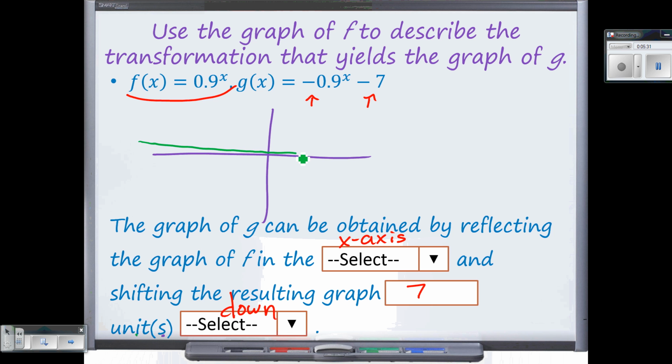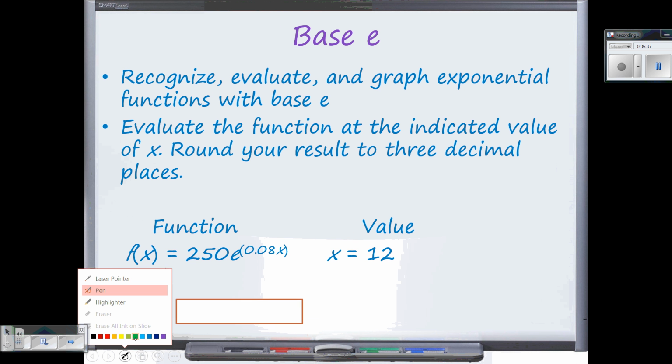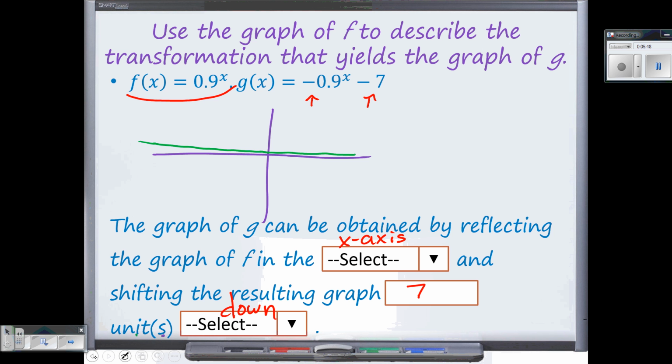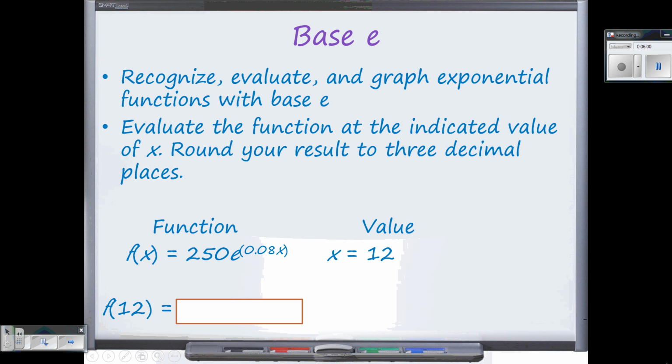So it's going to come in and just go right along there. And then we're going to be dropping that 7 units. And not only are we dropping it 7 units, there we go, it's rotated. So instead of sloping down, it's actually now going to slope up. This is 7, or -7, I should say.